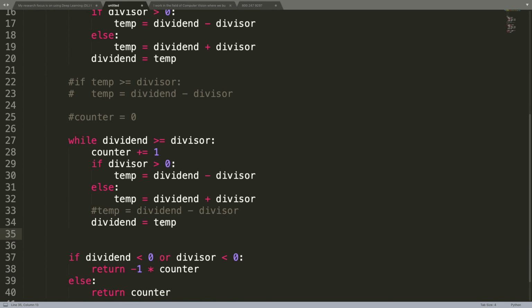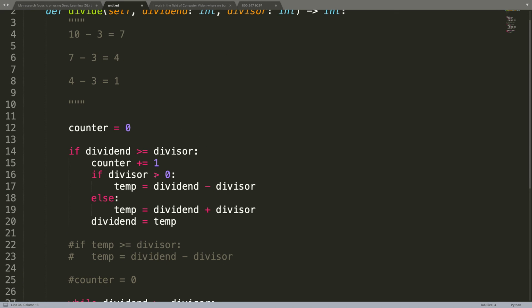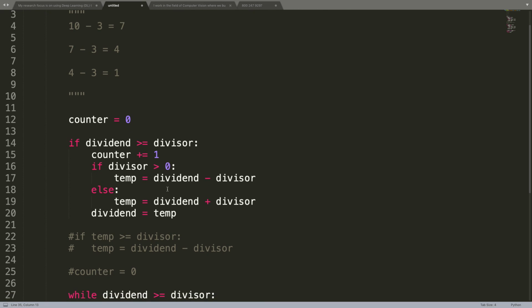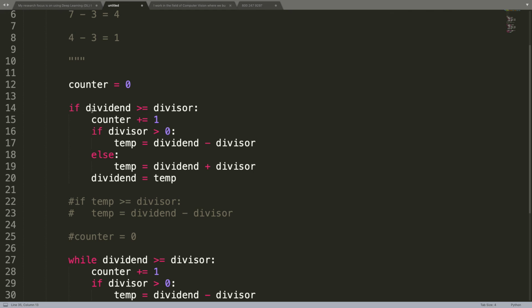We have 3 more minutes to go. But really, is it not possible that we have something like -7 divided by 3? Because that has not been taken care of.